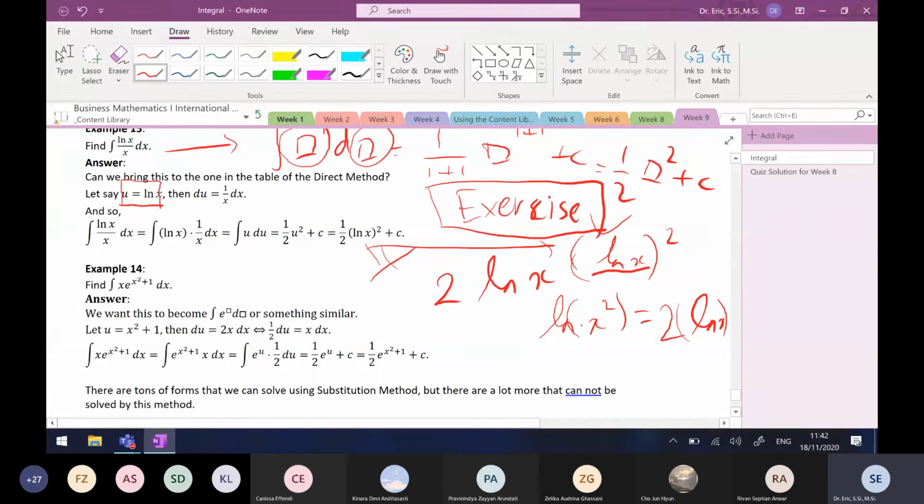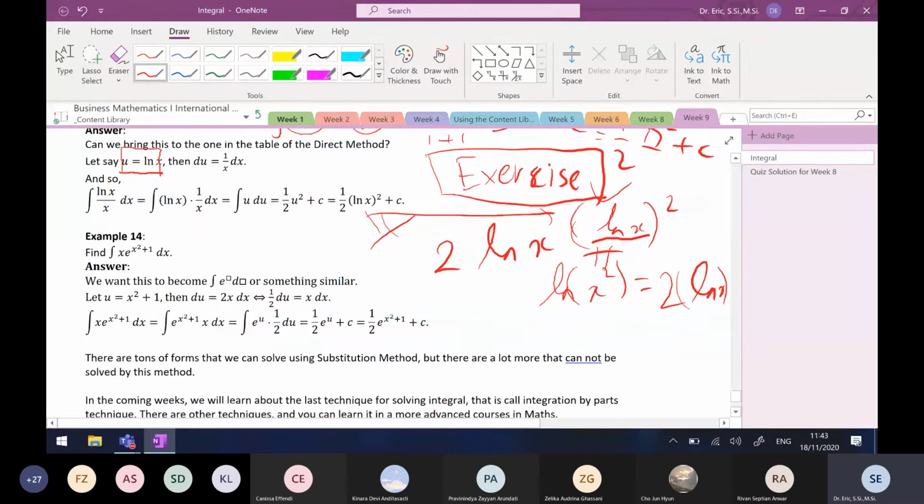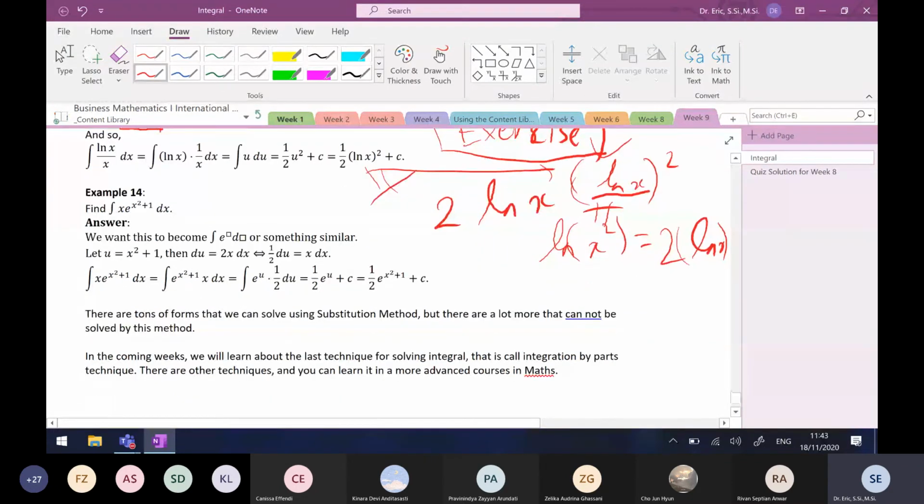This is different from ln of x times x. Very different creature. This is ln x times ln x. This is ln of x times x. Very different creature. Be very, very careful when you are doing this.